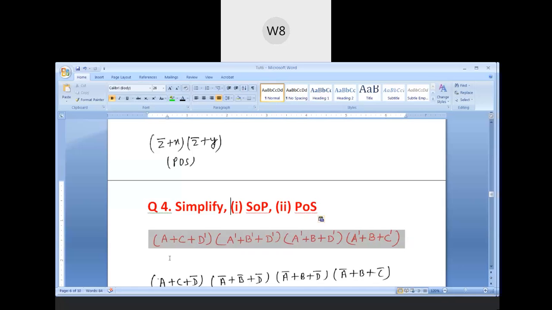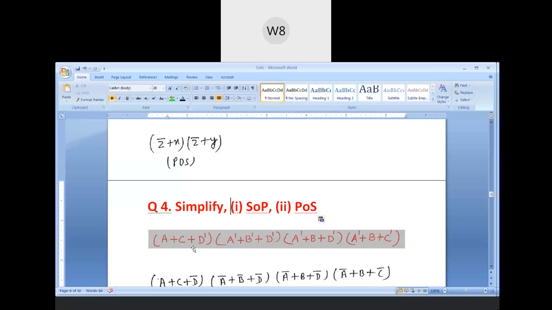So we focus on those inputs for which the function is 0, and then write the expression. This function is going to be 0 whenever any of these 4 terms is 0. For example, if the first term is 0, then the function will be 0.